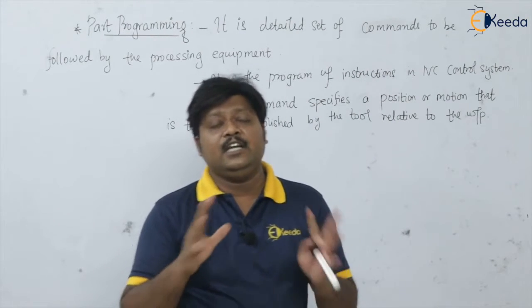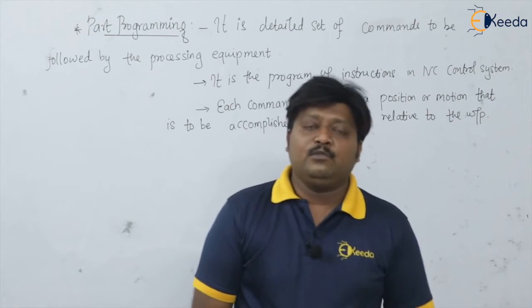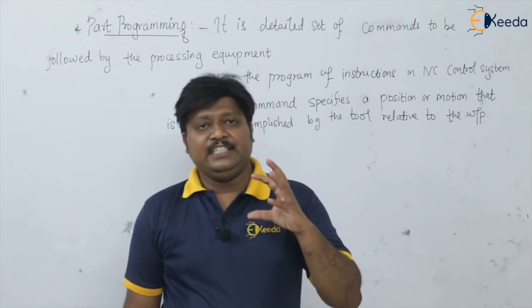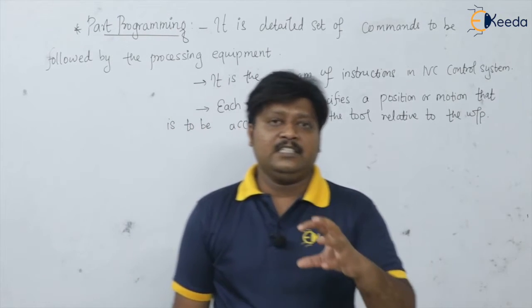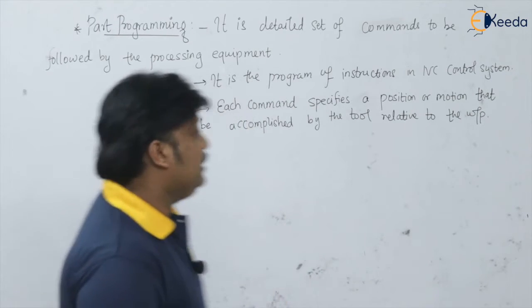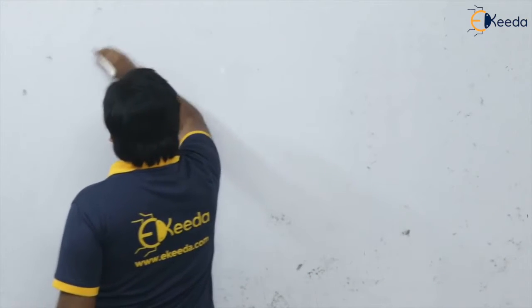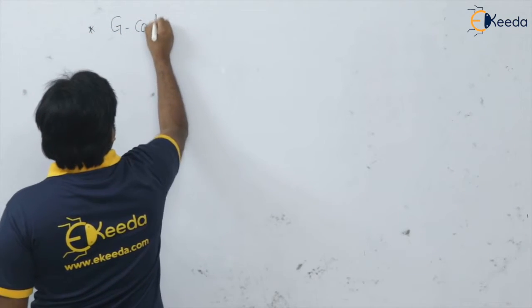Of course we are going to see G codes and M codes, but in this video our discussion will be limited to the G codes. So let us see these G codes, the preparatory codes.